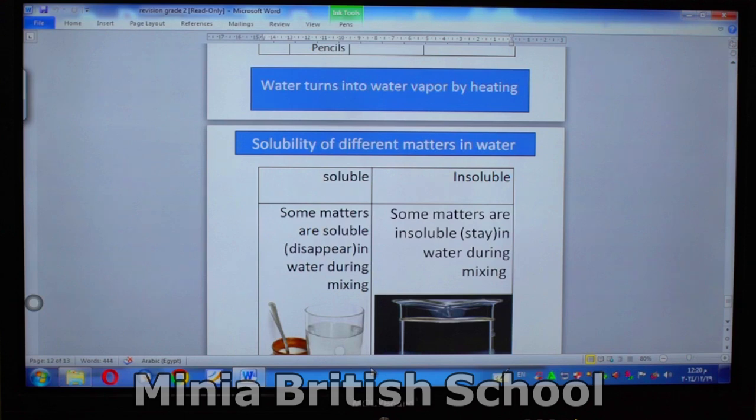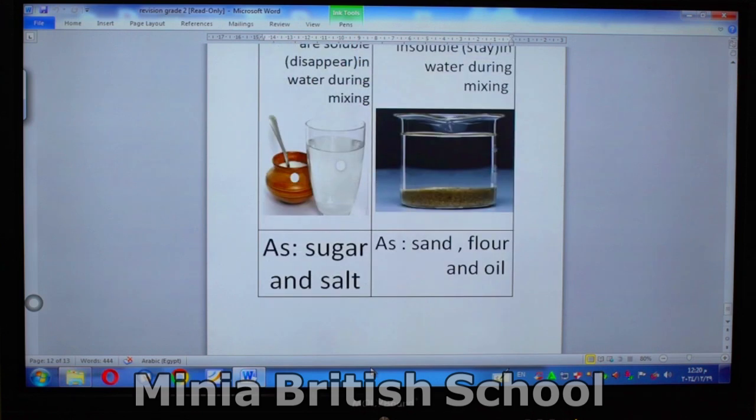They stay in water during mixing, so I can see them, like sand, oil, and flour. So when I mix sand or oil with water, it stays in water during mixing, so I can see them.